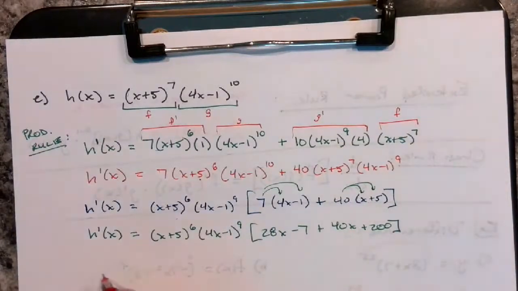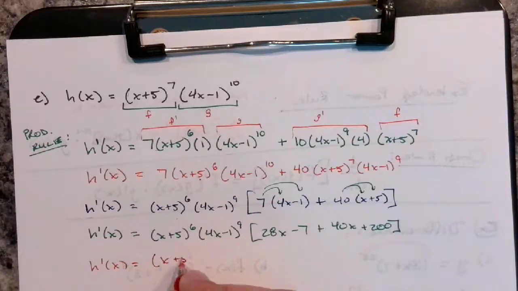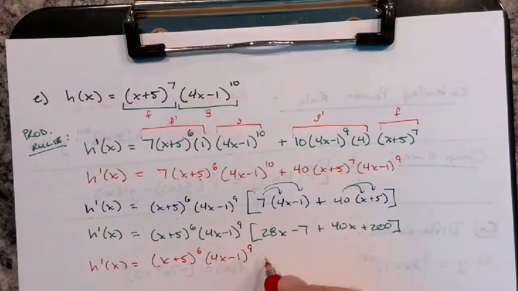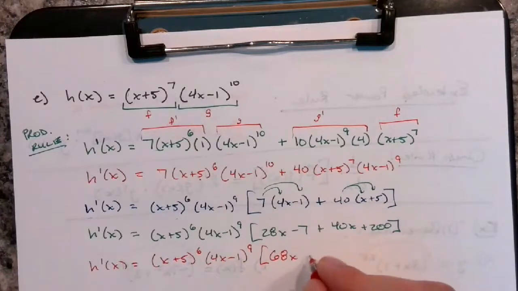And then we'll simplify this. h prime of x equals (x plus 5) to the 6th times (4x minus 1) to the 9th times (28x plus 40x is 68x. 200 minus 7 will be plus 193). And you've got it.